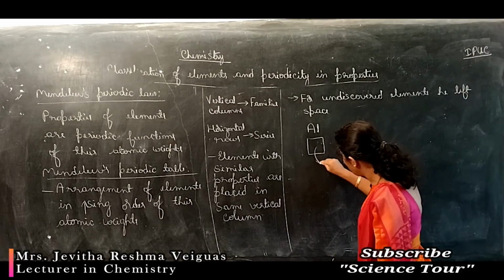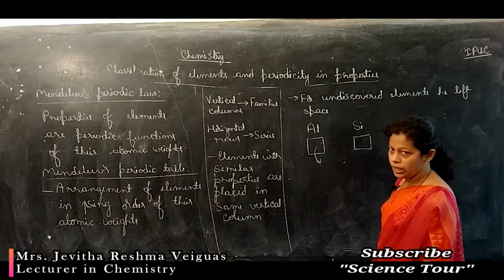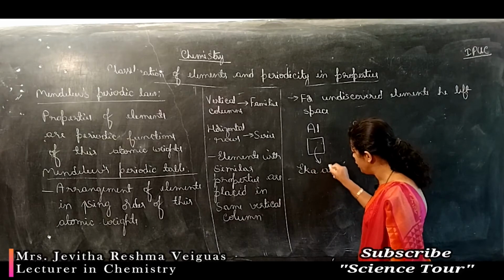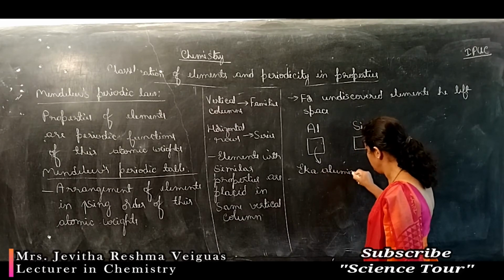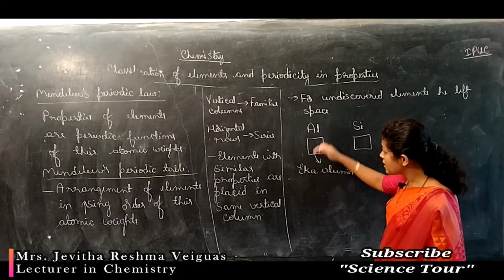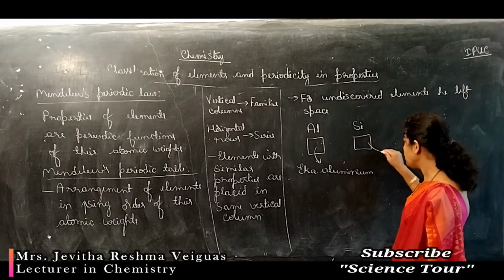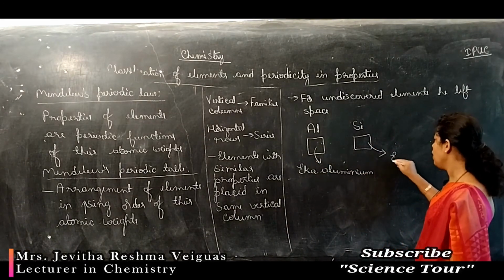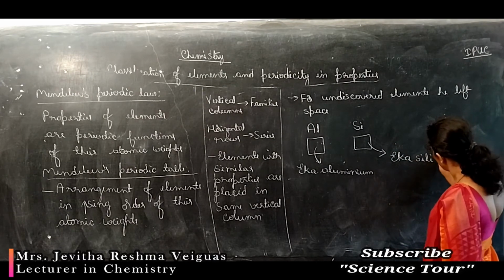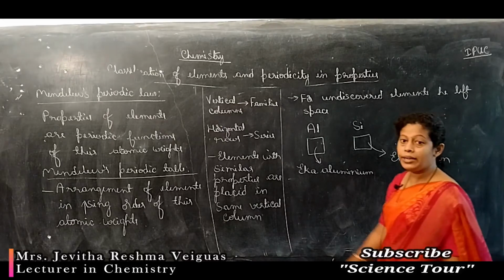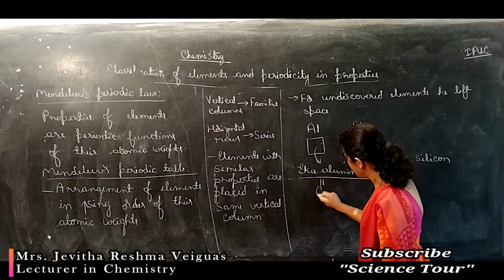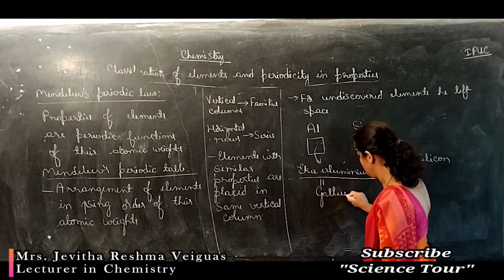The element after aluminium, he named Ica aluminium. Ica means after. So this element is after aluminium. He kept one space after silicon and he named it Ica silicon. Now these Ica silicon and Ica aluminium are discovered. Ica aluminium is actually gallium.